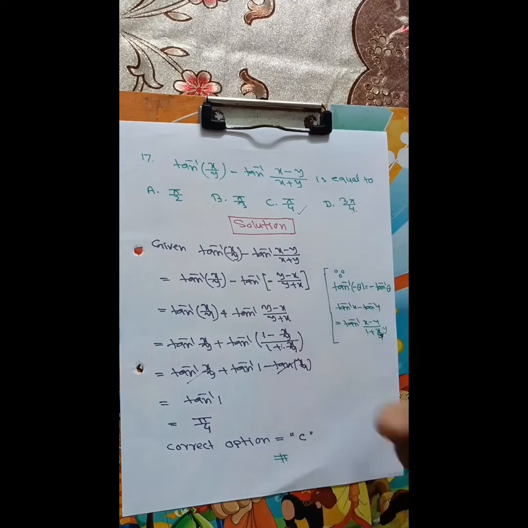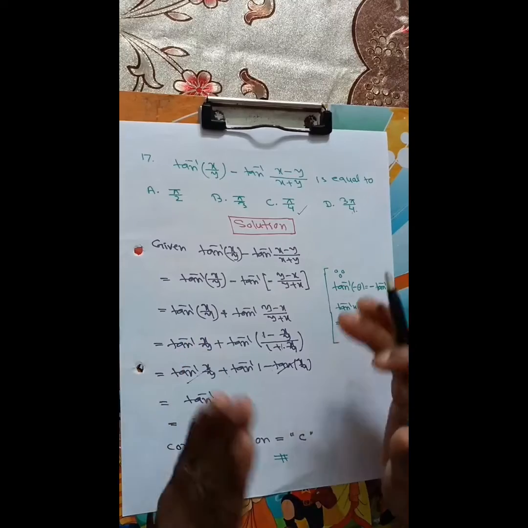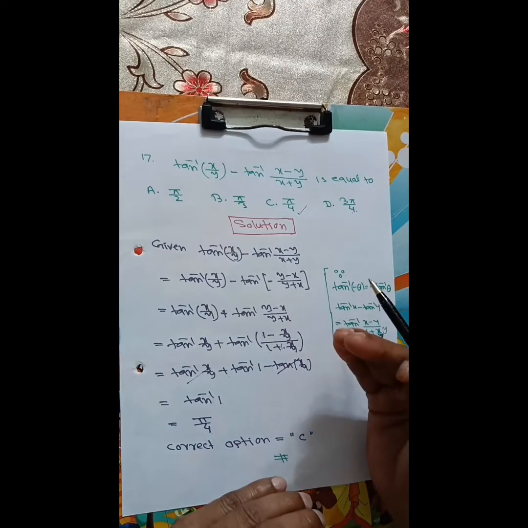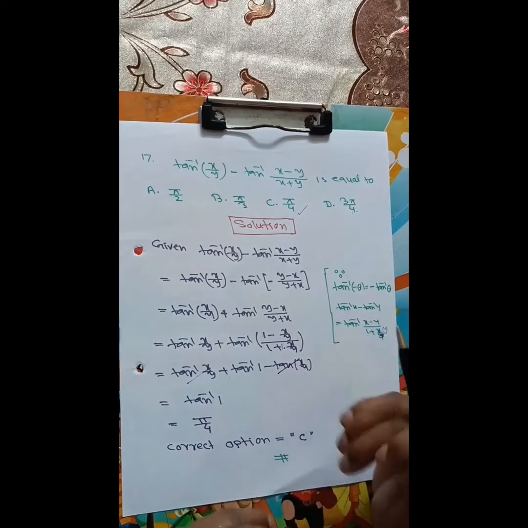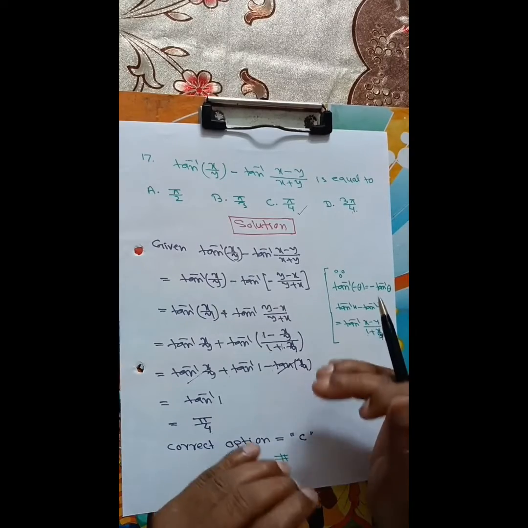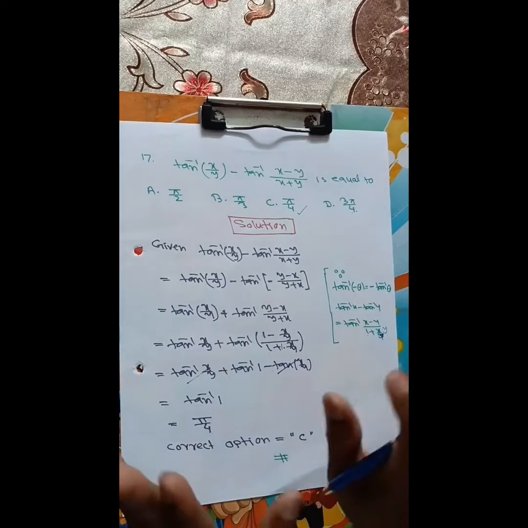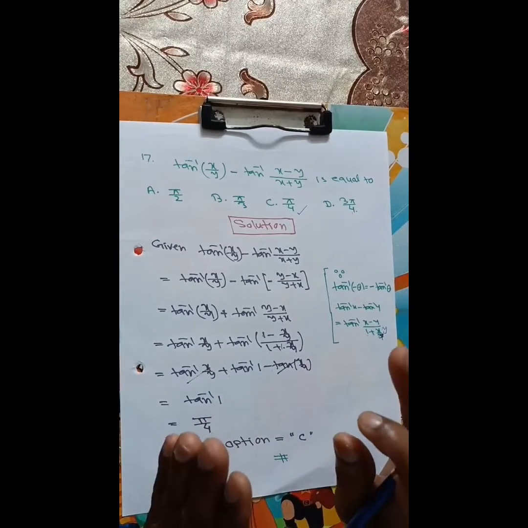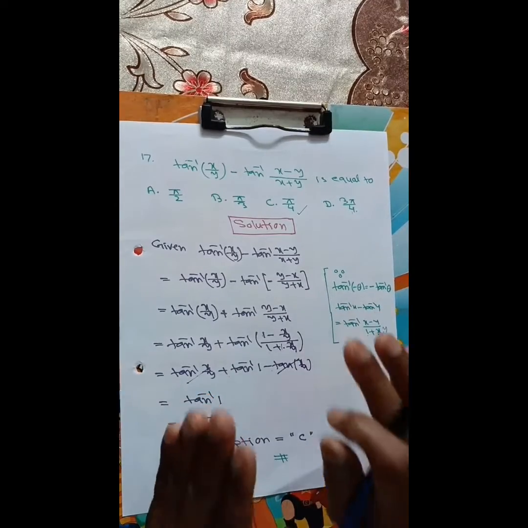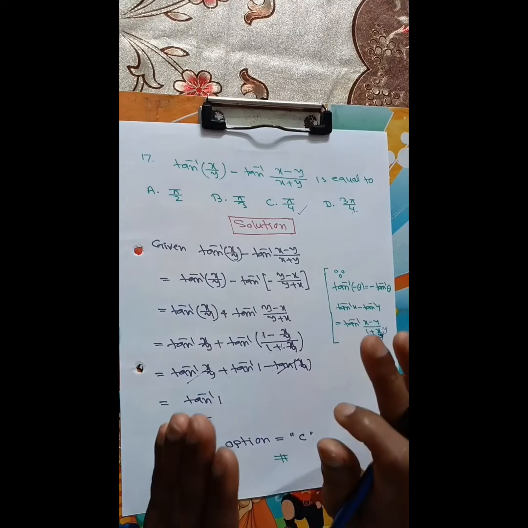Okay, that is a very simple question. Every step is easy. At every step we have to use some rules. So the question is very easy. That is the last question of the NCERT textbook, miscellaneous exercise, chapter number 2.